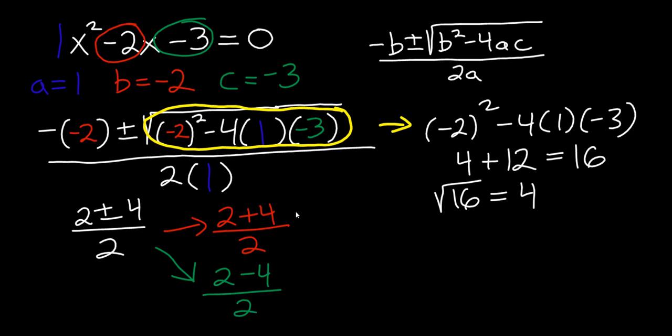And I go ahead and work that out. 2 plus 4, I get 6 over 2. 6 over 2, I get 3. So that'll be one of our answers. X is 3. And on the other one there, 2 minus 4, I get negative 2, divided by 2. And that'll be our other answer there, negative 1.